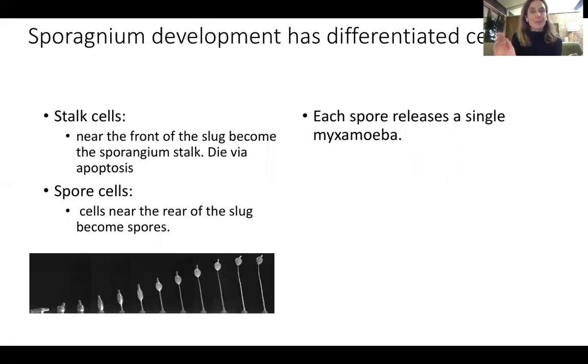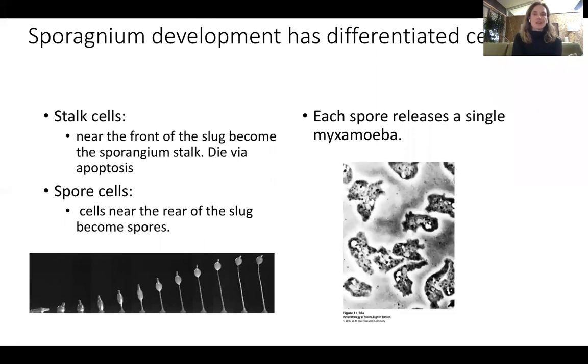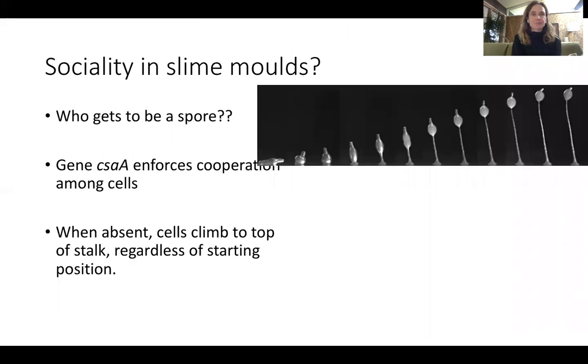It's cooperation among organisms. Each spore then releases a single myxamoeba, and the whole cycle starts again. These little amoeba-like creatures, well, who gets to be a spore and who gets to be a stalk? It's genetically programmed. There's a gene that enforces cooperation among cells. When it's absent, the cells keep on climbing to the top of the stack, but when it's present, they stay on the bottom and differentiate.